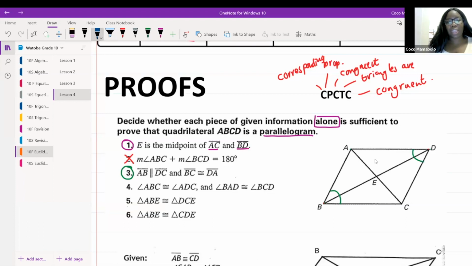And also they're saying that the angle BAD, over here, is equal to angle BCD. What do you guys think? Yes or no? Enough information for us to prove that it's a parallelogram? Think about what we know.